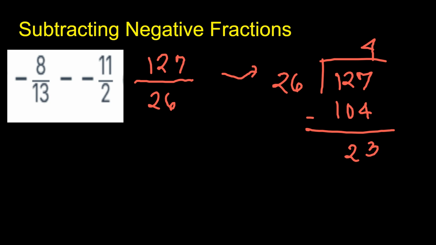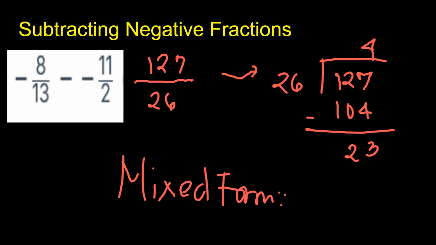So the mixed form would be 4 and 23 over 26. Remember, your quotient is your whole number, your remainder is your numerator, and of course your divisor is your denominator.